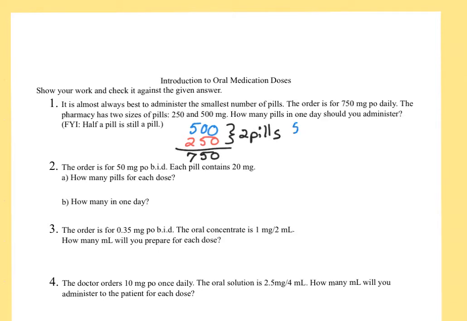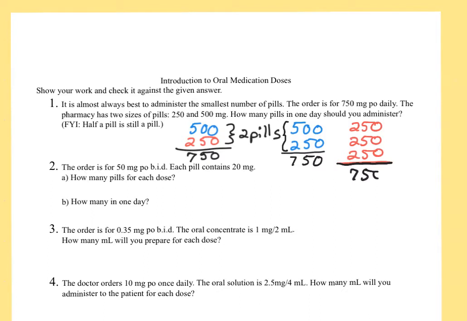You could also take a 500 milligram pill and break it in half to get another 250 milligram piece. This would also give you a total of 750 milligrams, but we still consider that taking 2 pills. There are still 2 separate things to swallow. The other way you could reach 750 milligrams would be to take 3 250 milligram pills, and that would also give you 750 milligrams.